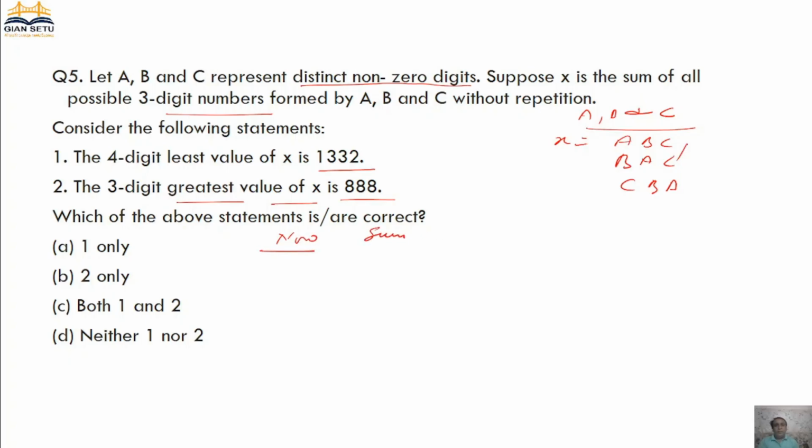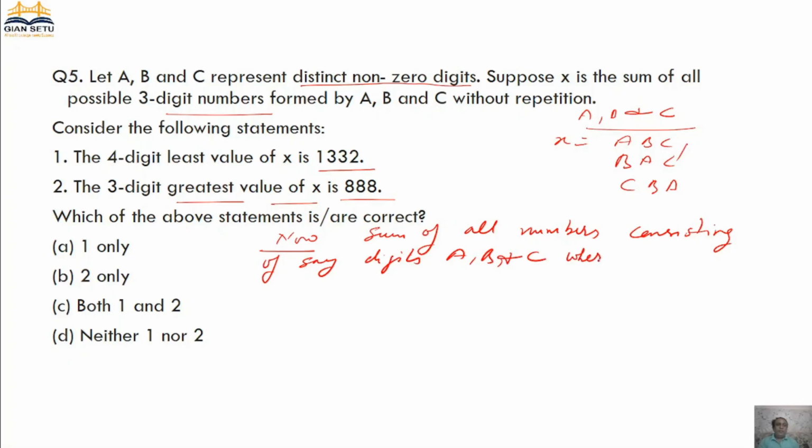Now the sum of all numbers consisting of, say, digits A, B and C, where A, B and C are distinct non-zero digits, right?